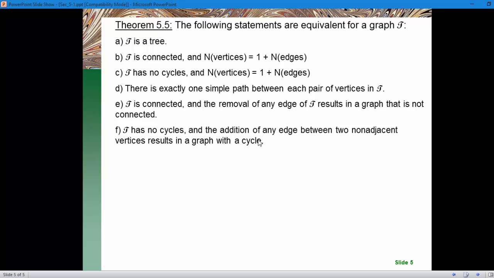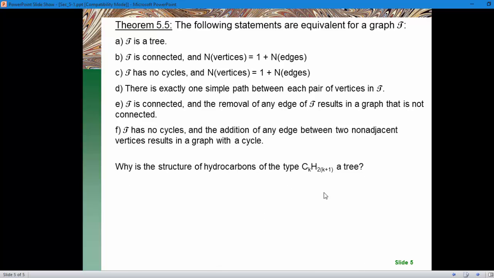So this is saying that if you have a minimum number of edges and you try to add an edge, that will destroy the definition of a tree, right? It will create a cycle. So you're putting more edges than is necessary to keep the graph connected. So this is theorem 5.5.